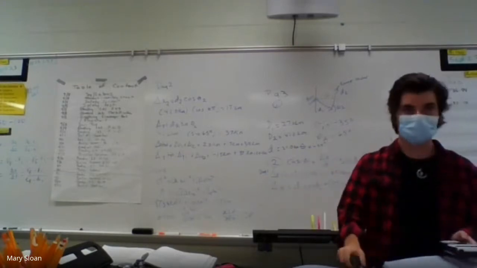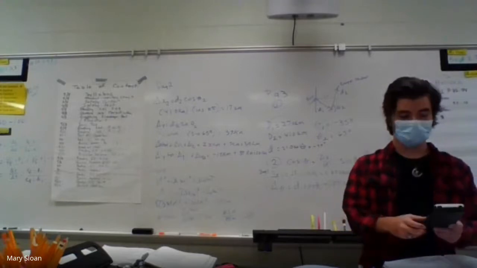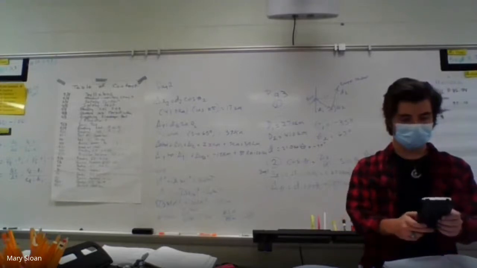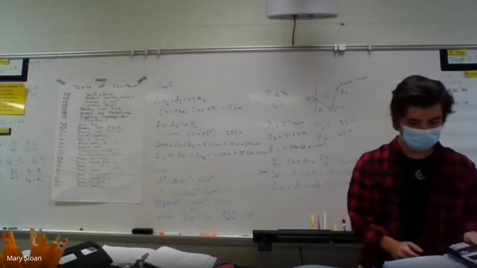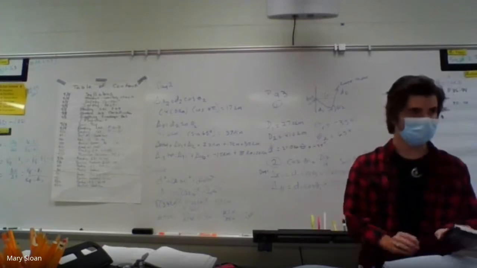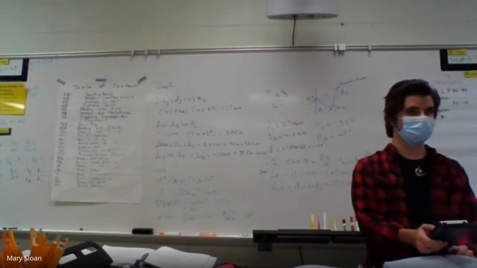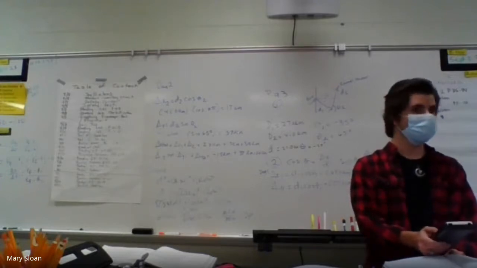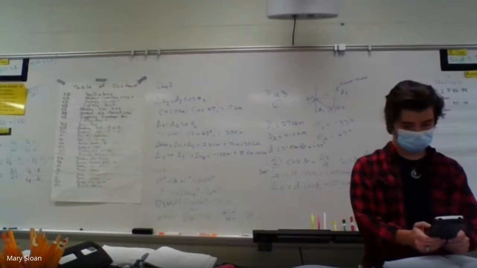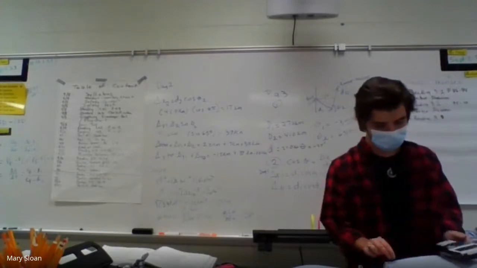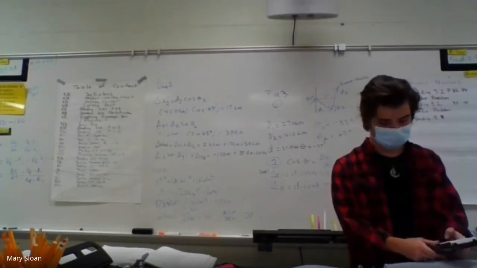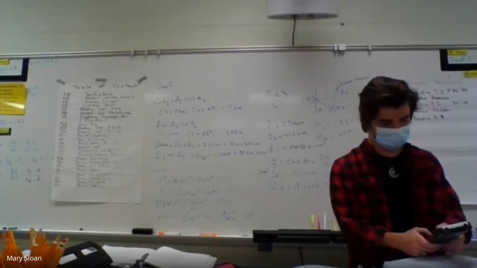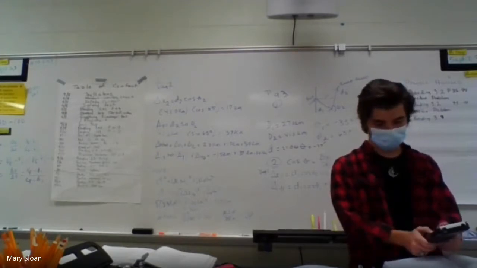Okay, so what do we need to make sure our settings are in that we learned yesterday? Make sure your mode is in degree on your calculator. Is everyone's calculator in degree? Yes? Okay. All right. So what you want to plug into the calculator: put in 27.0, make sure it's in brackets.